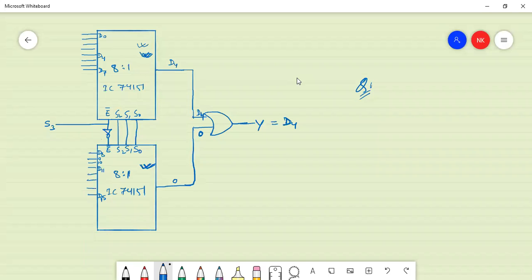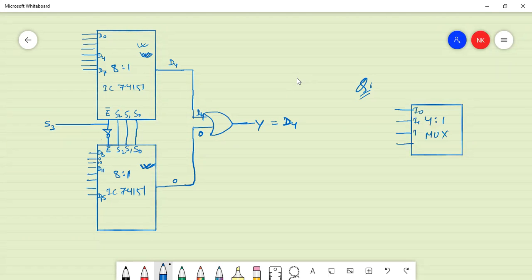Now, here I am drawing a block. You have to tell me the output. Here it is a 4:1 mux, and here we have 4 inputs as I0, I1, I2, and I3.